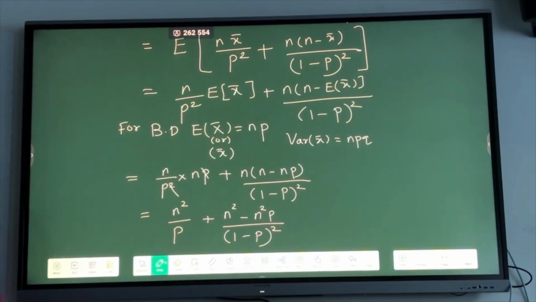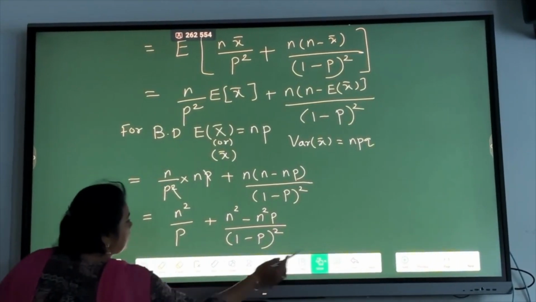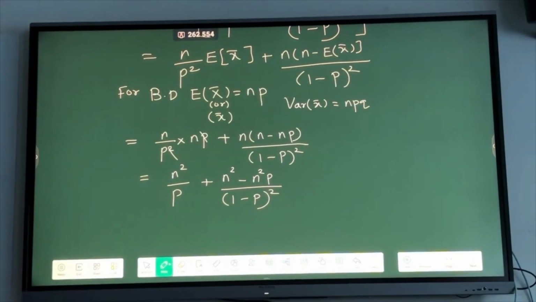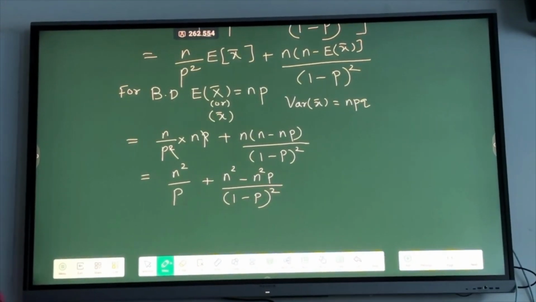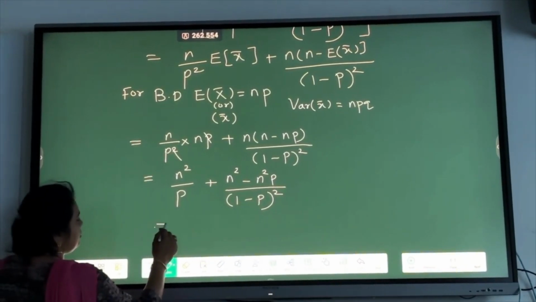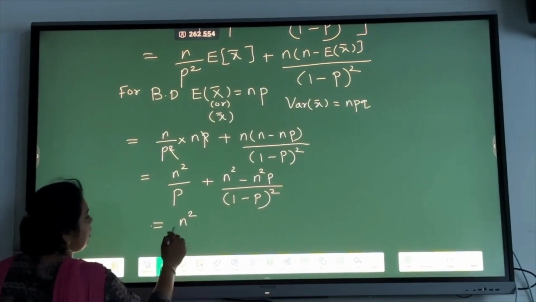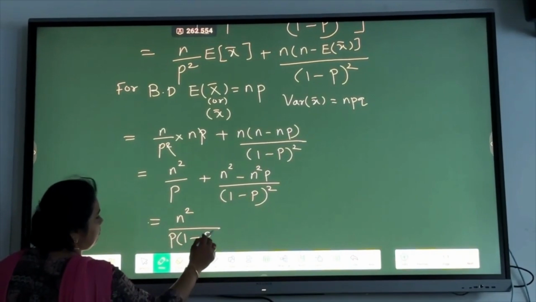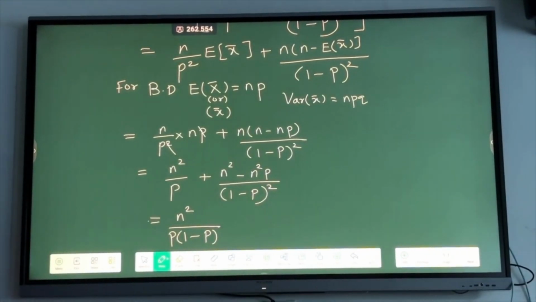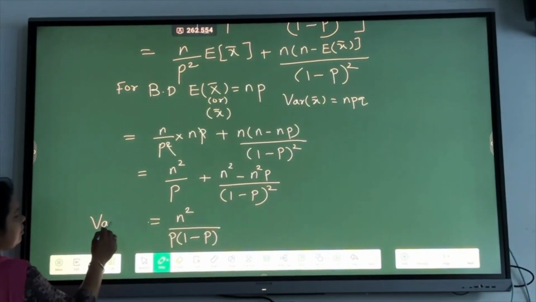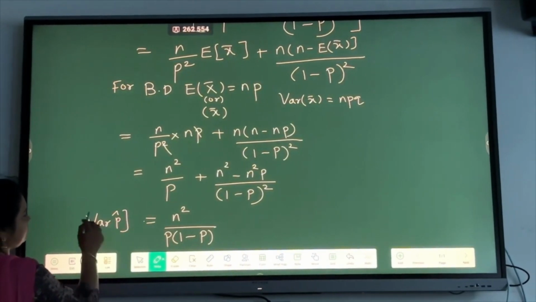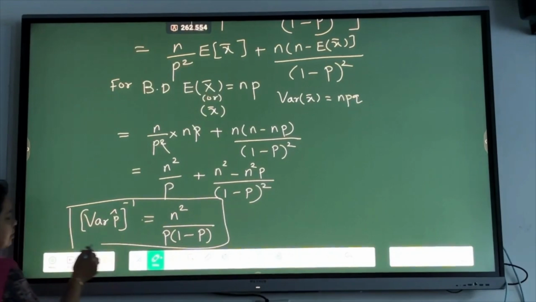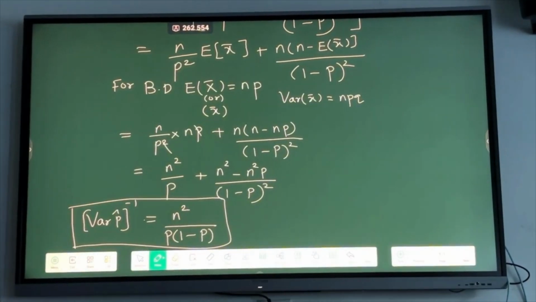Okay, so now taking LCM, we get the answer to be n square by p into 1 minus p. So this is the answer for variance. So this is the solution for the problem.